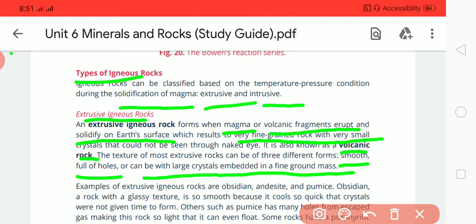It solidified on the surface, at the outermost part of our ground. That is why its crystals are very fine, because it is fast cooling.